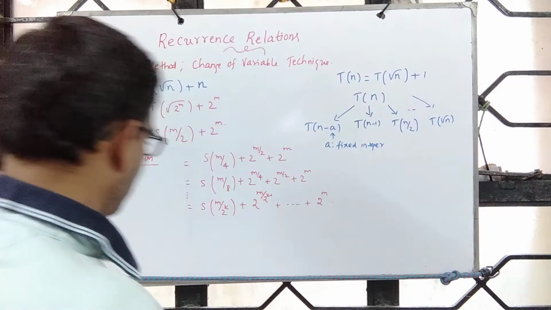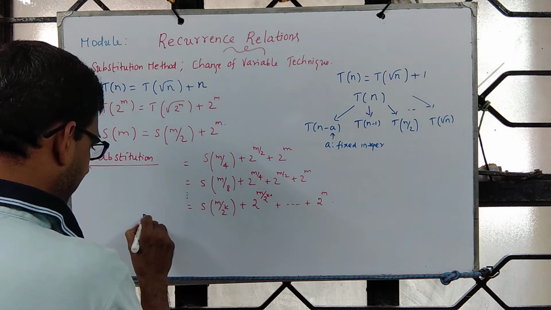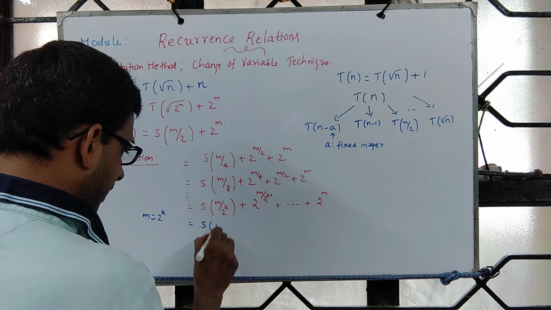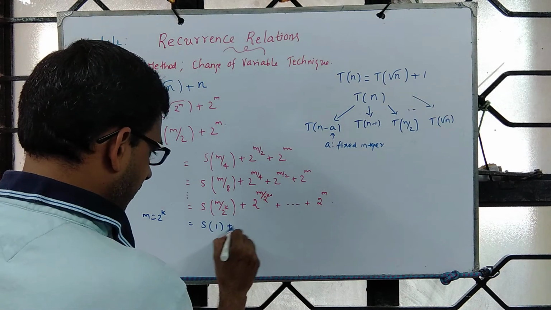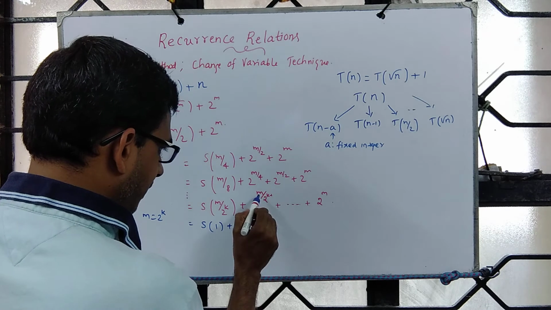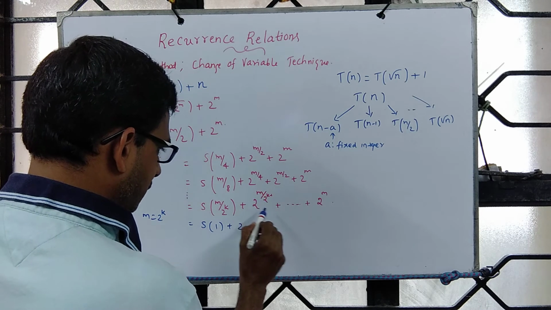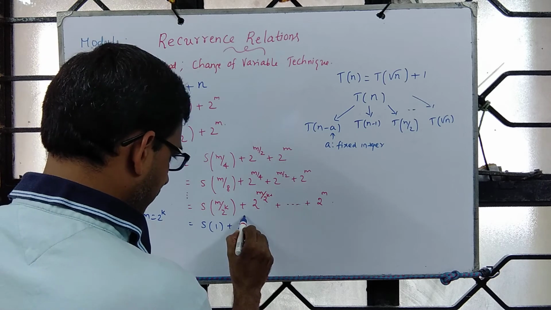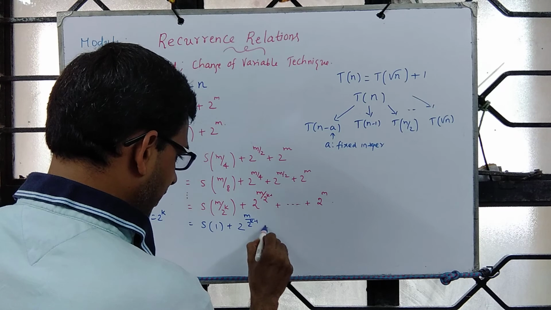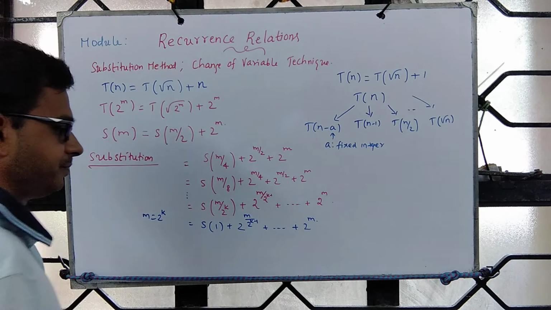Correct? So now if m is 2 power k, then this becomes s of 1 plus 2 power k by 2 power k minus 1, like that it goes. So you get m divided by 2 power k minus 1, and so on up to 2 power m.